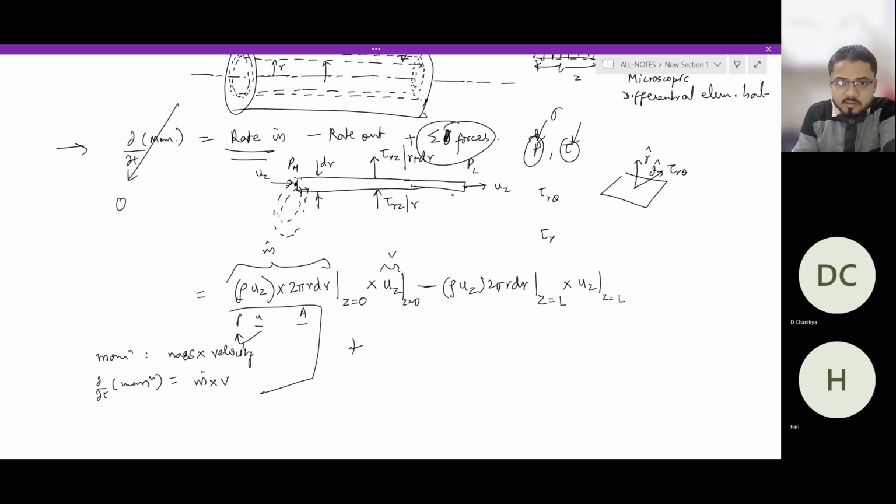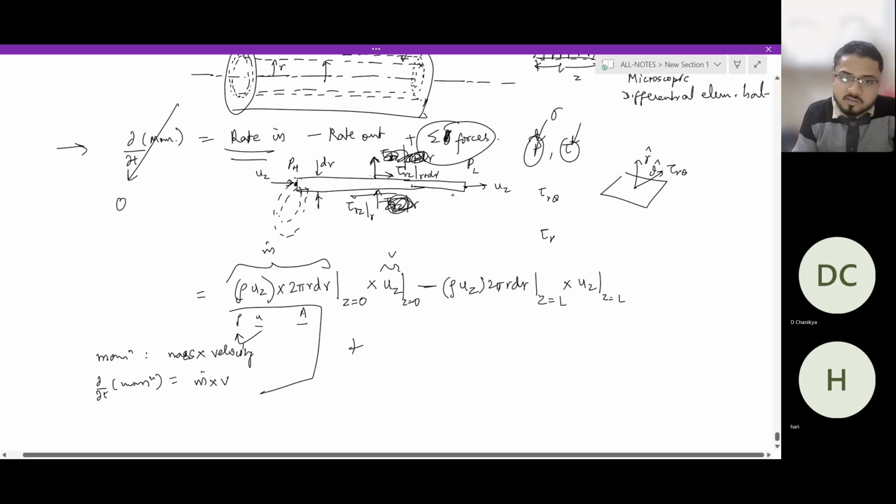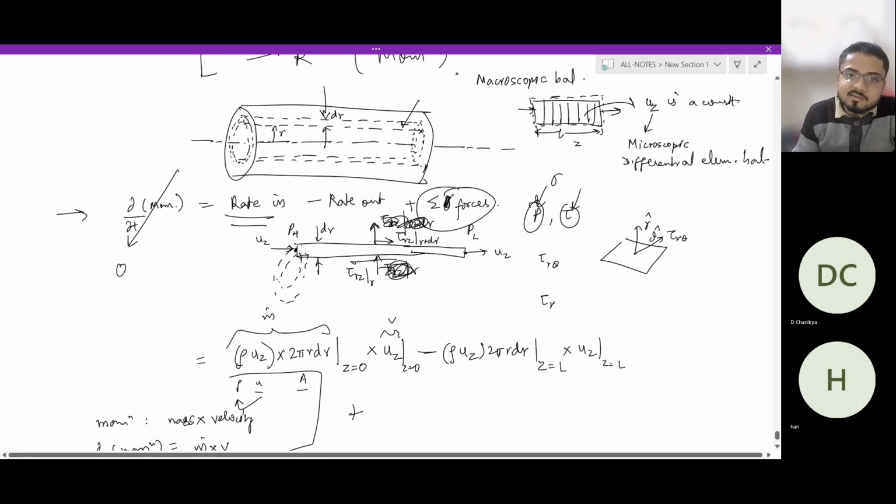Now this tau rz is actually not acting on this in this direction. I think I wrote it, I was considering tau zr. Tau zr is here. So this would be something like, let's call it, tau rz at r plus dr. And this would be tau rz at r, right? Because what is the r plane?